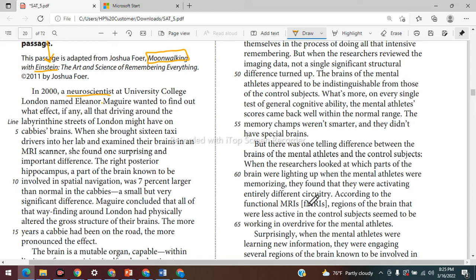Okay. Something similar to what Nancy said. She was looking for a huge difference because she compared cabbies to mental athletes. Definitely. Go ahead. Anyone else?